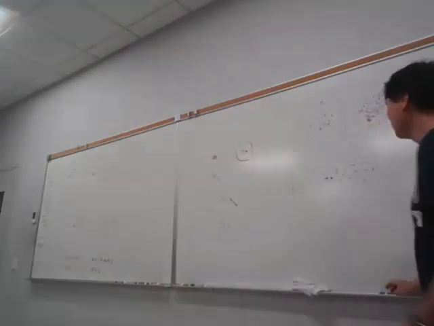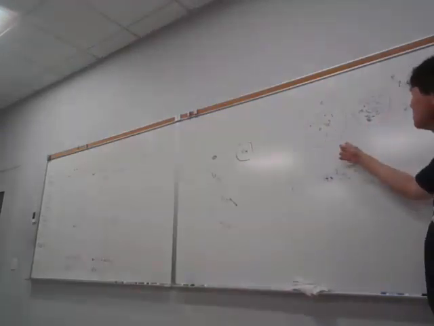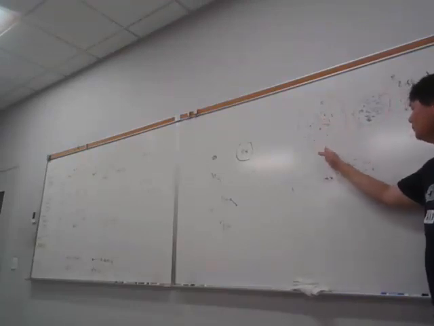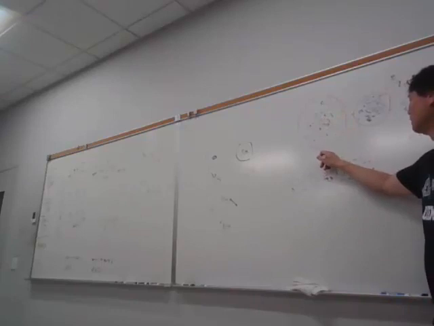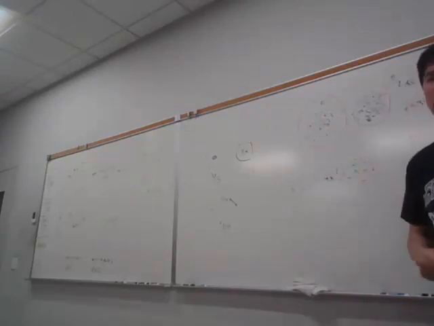So a p electron has a different distribution than an s electron. The s electron has the greatest number of dots right next to the nucleus. When we look at a p, we have something called a node here. The node is a place where we have zero probability of finding the electron.